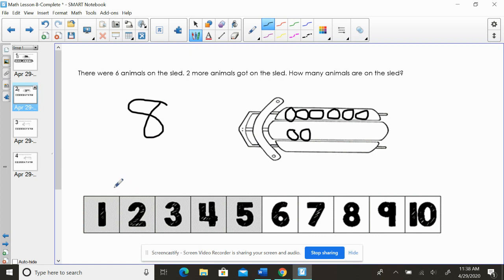So when we go to our number path, let's see if this answer matches the number 8 up top. So 6 animals are on the sled, so I'm going to circle 6 squares. 1, 2, 3, 4, 5, 6.